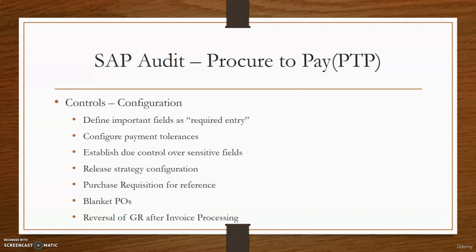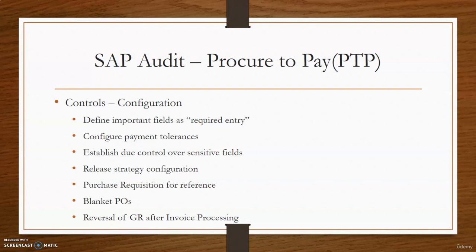To protect against inappropriate change to sensitive fields, SAP provides dual control settings that place a block on payment transactions whenever a field defined as sensitive is changed. The block can only be removed by someone with a user ID other than the ID that changed the data.